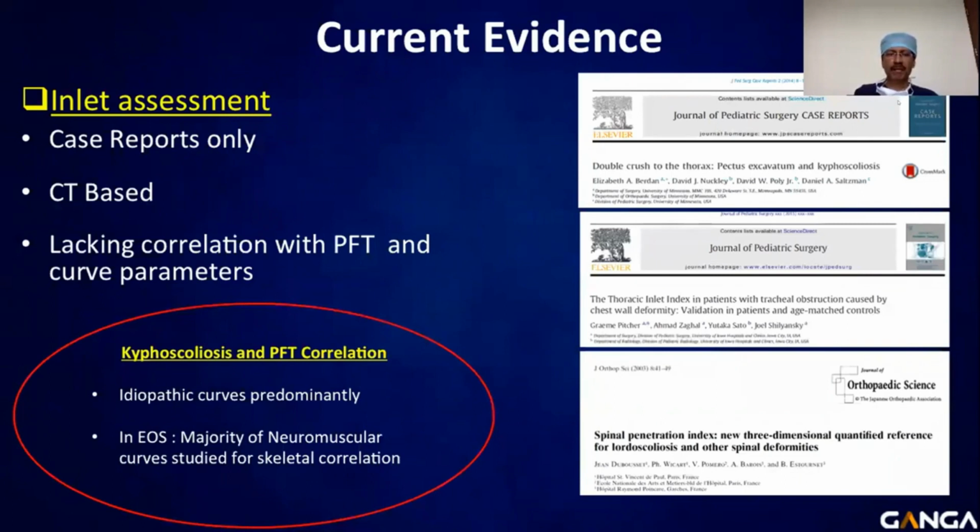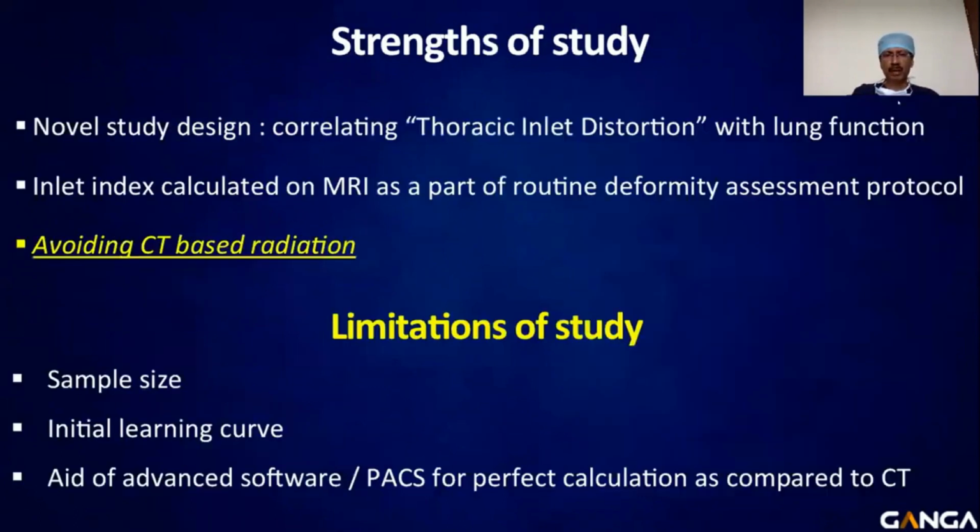And we found that in patients who are very young and who may not cooperate for a PFT, we can actually look at this as one of the indicators for pulmonary dysfunction. So we thought that this study was quite useful and novel, because it correlated thoracic inlet distortion, an anatomical measurement which has not been very much used routinely in our clinical practice.